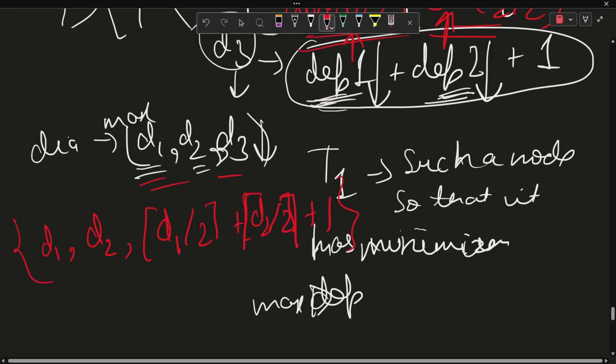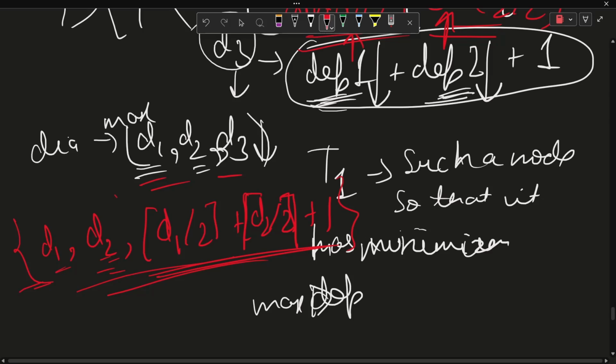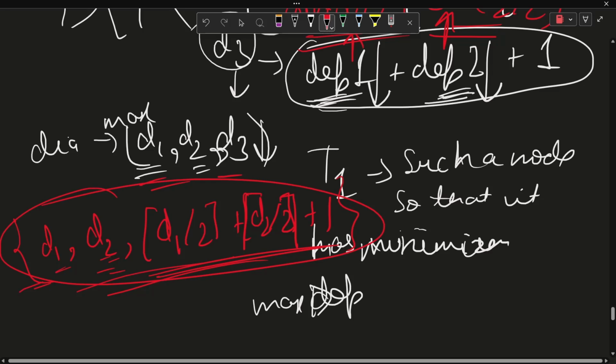So the maximum among these three values is going to be your final answer. You just need to compute d1 and d2, the diameter of the first tree and the diameter of the second tree. If you can compute both these diameters, you can get your final answer. That was the question.